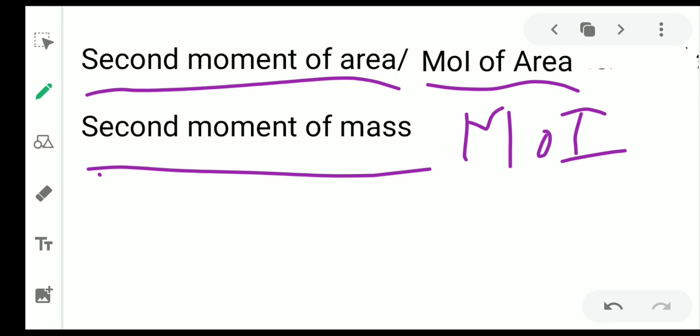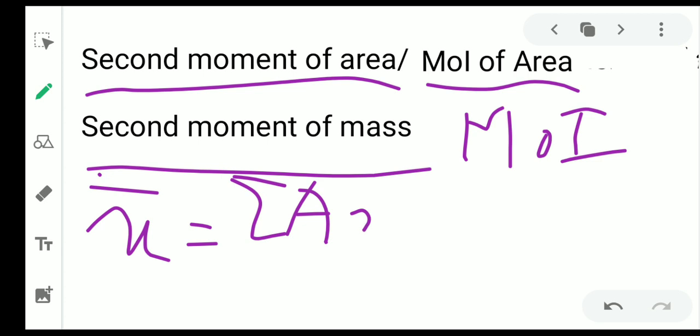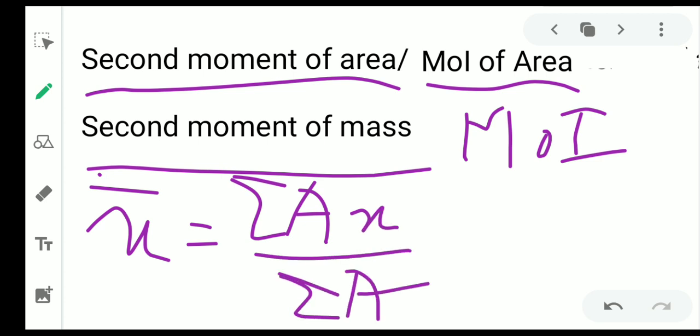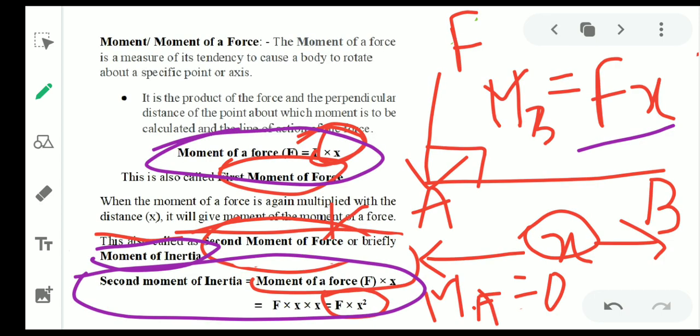We already studied this in the centroid part. What is a centroid? It is a point. How do we calculate the centroid? It is given by x bar equals summation of a x divided by summation of a. Here also, as I told you, it is the first moment of force.